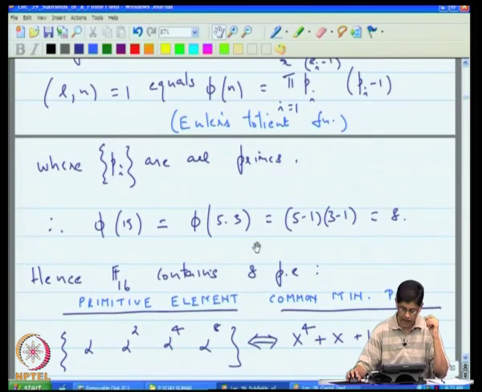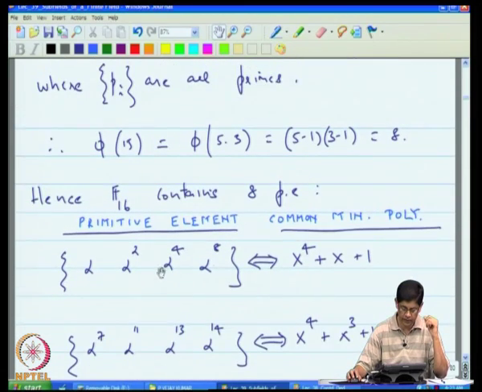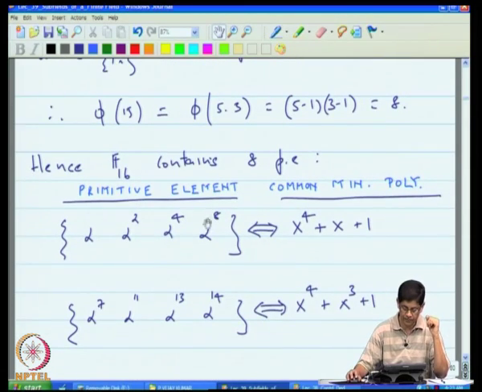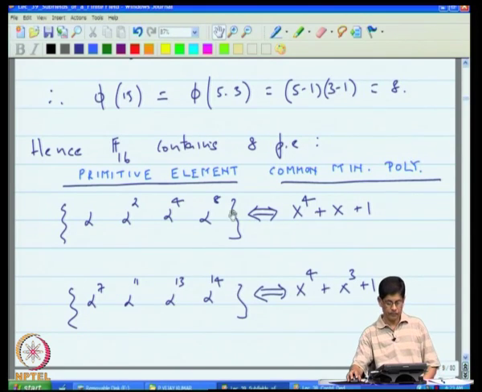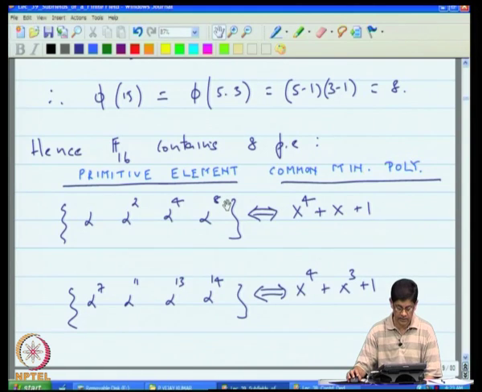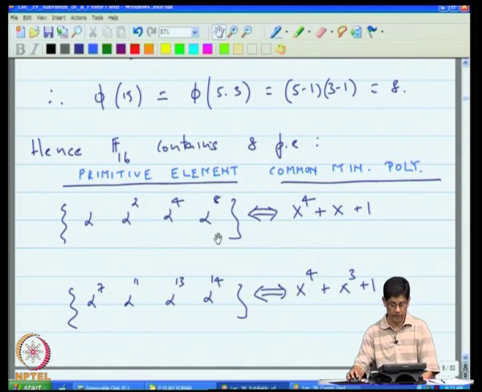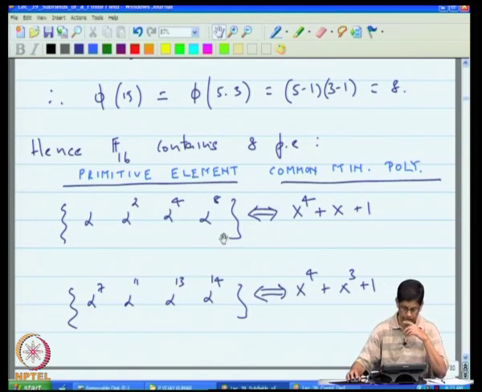Now, those 8 elements correspond to powers of alpha which are relatively prime to 15, and which are less than 15. So, the integers which possess that property are 1, 2, 4, 8, 7, 11, 13, 14. These are the 8 exponents k which are relatively prime to 15.